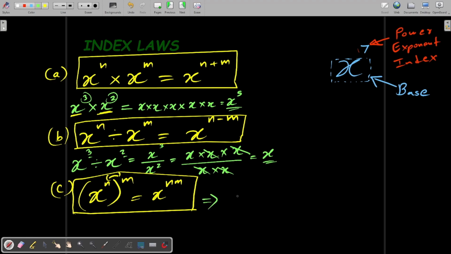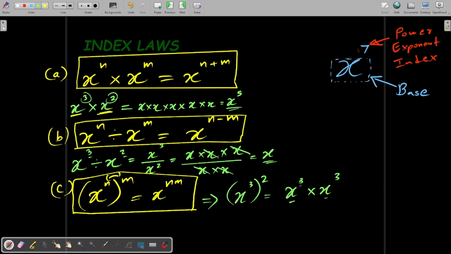So consider x to the power 3, all to the power 2. This x to the power 3 term has to be multiplied 2 times. Again, now you can see this is going to be a scenario like rule 1, where the bases are the same, so powers can be added.